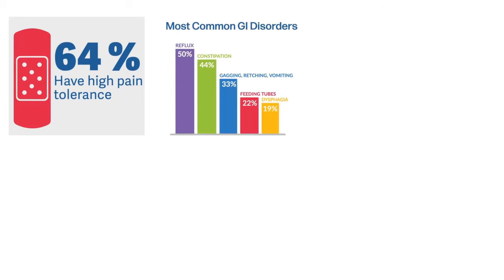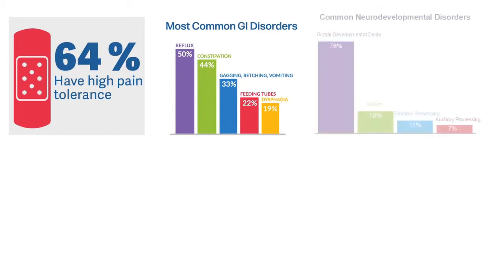Here you can see another graph where you can see the GI disorders, the gastrointestinal disorders, more nuanced, a split of all the different common GI disorders. 50% have reflux, 44% constipation, 33% have gagging, retching, vomiting, 22% require feeding tubes, things like that.